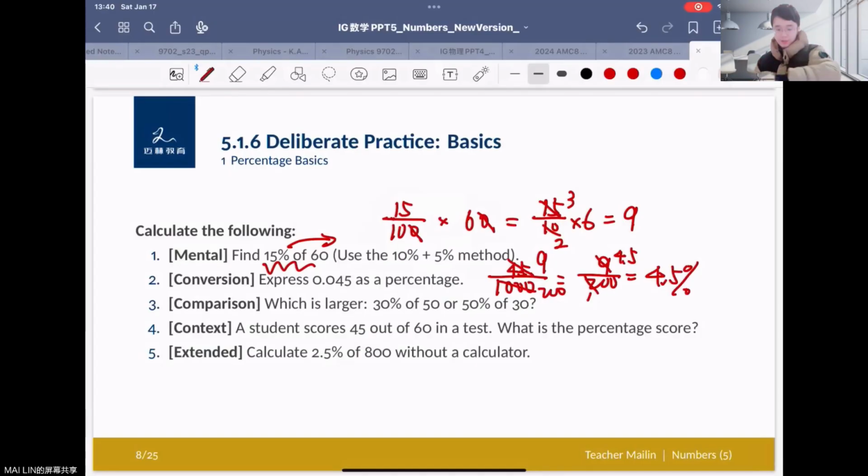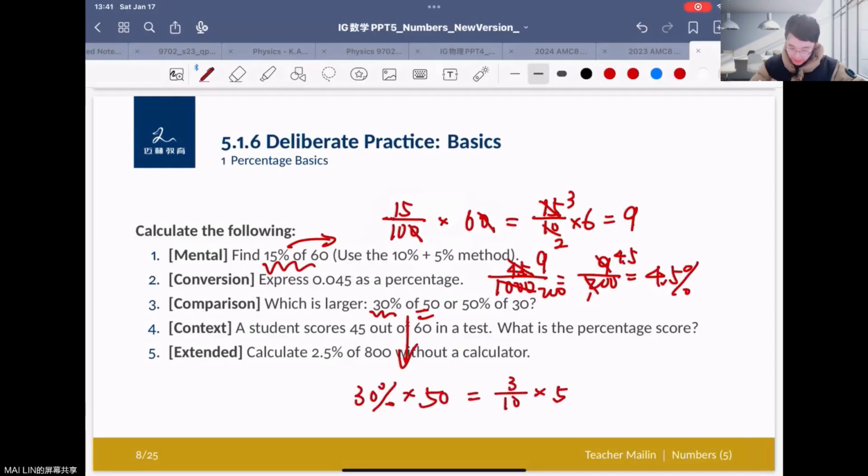The third problem is to compare two values to see which is larger: 30% of 50 or 80% of 30, right? We can first multiply 30% with 50. 30% times 50 is 3 over 10 times 50, so here is 15.